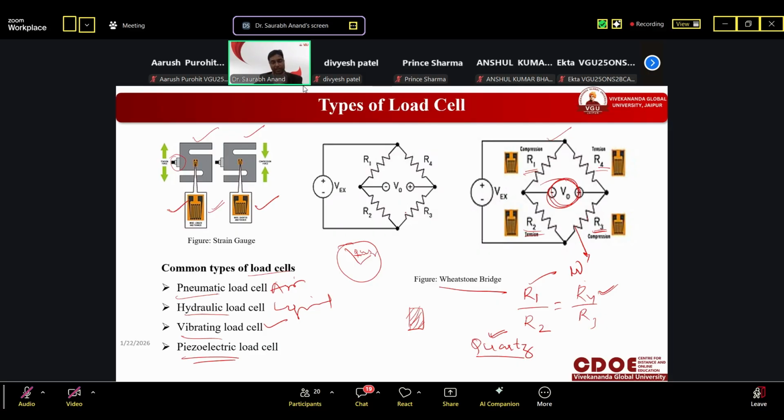Quartz is a material, and there will be two plates. I'm just explaining to make you understand what is piezoelectric. We have connected two plates here. So why are we using quartz? There is a second needle that goes tick, tick, tick.